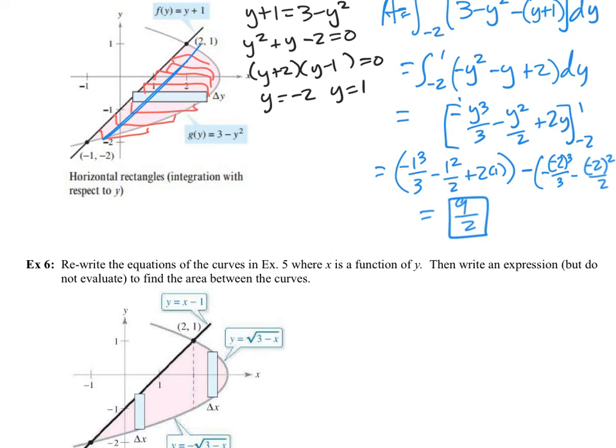Okay, one thing I want you to notice about a representative rectangle is that each end of the rectangle should touch the two curves that you're finding the area between.